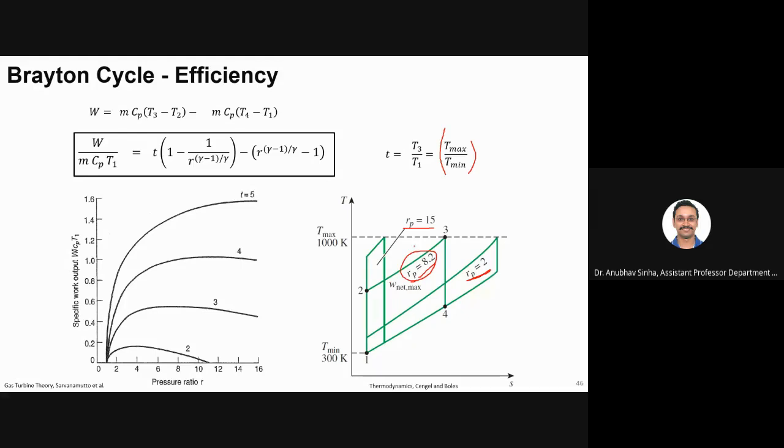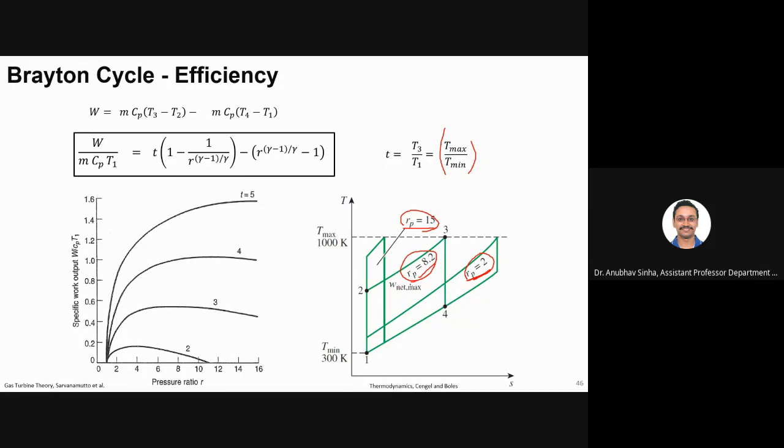So too high or too low a pressure ratio is not good. As you see how it is drawn, the area reduces. We are interested in the area inside this cycle, which gives the specific work done that we are discussing here.